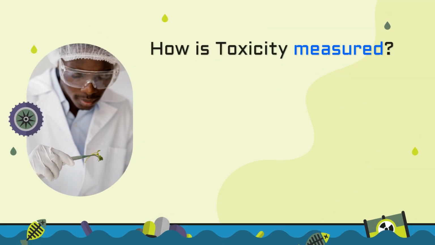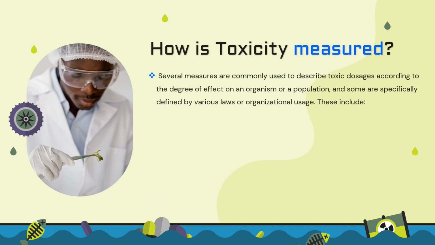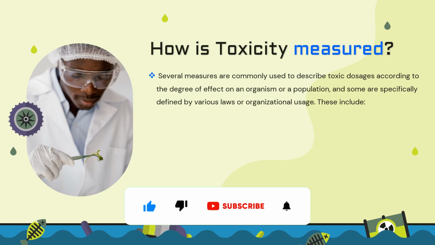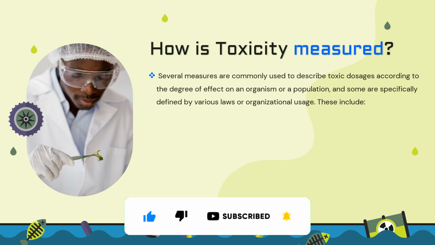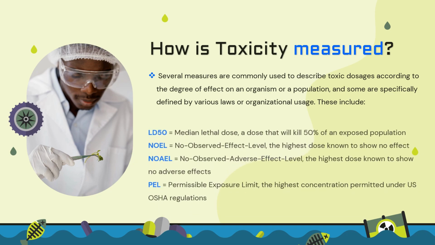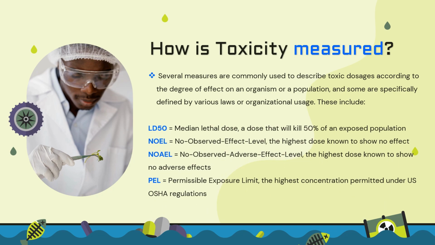Now it is very important for you to understand how exactly toxicity is measured. Toxicity is measured through various aspects, and commonly it is used to describe toxic doses according to the degree of effect it has on the organism and the population. Specifically, there are some laws or organizational usages that we have created to define toxicity.